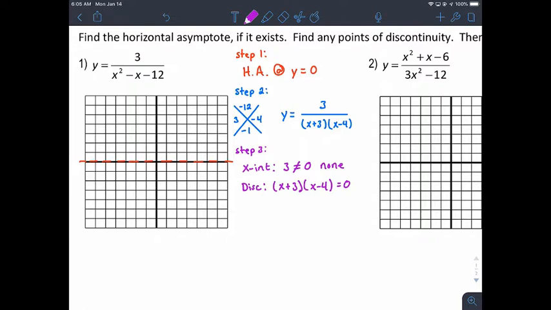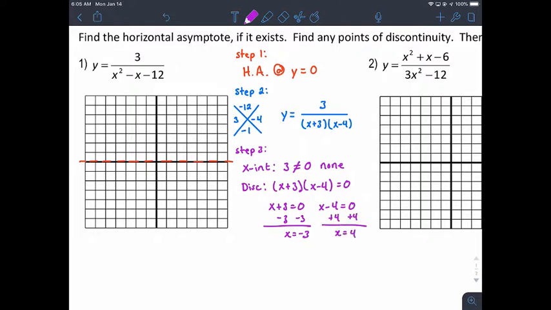So I can set each one individually equal to 0 to figure out when that occurs. So x plus 3 equals 0 and x minus 4 equals 0. If we subtract 3 from both sides, we get x is equal to negative 3. If we add 4 to both sides, we get x is equal to 4.